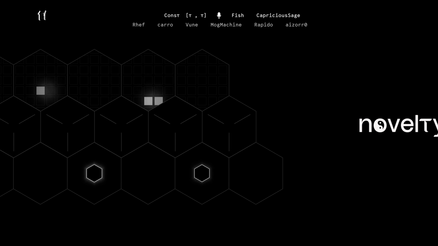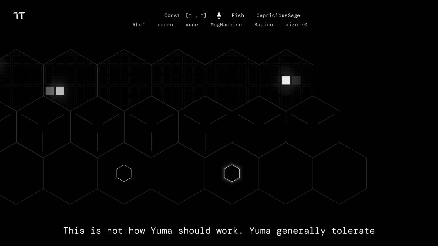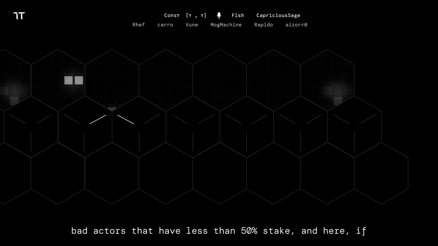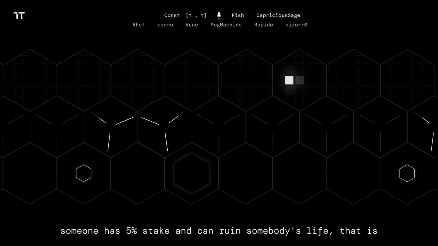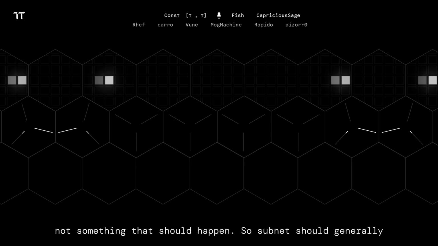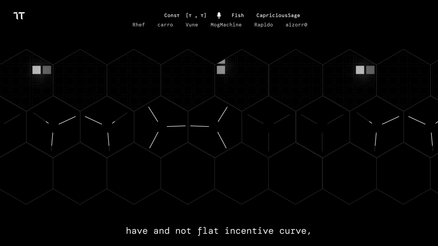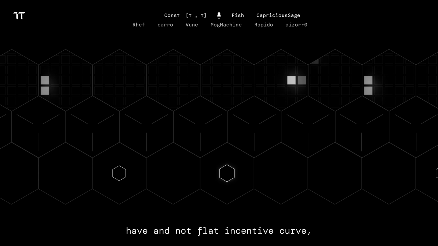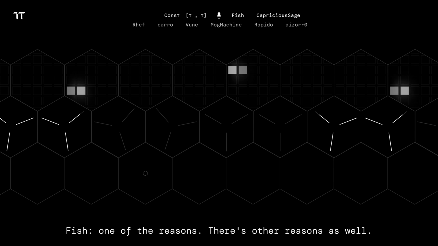This is not how Yuma should work. Yuma generally tolerates bad actors that have less than 50% stake. And here, if someone has 5% stake and can ruin somebody's life, that is not something that should happen. So subnets should generally have a not flat incentive curve. One of the reasons. There are other reasons as well.